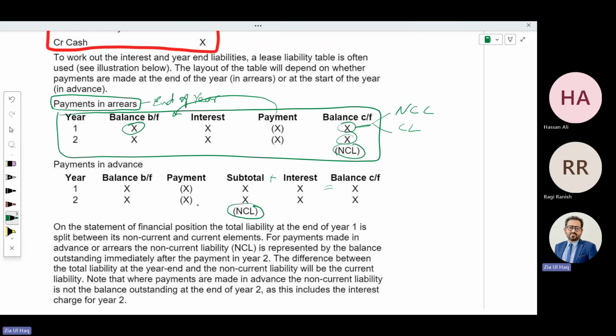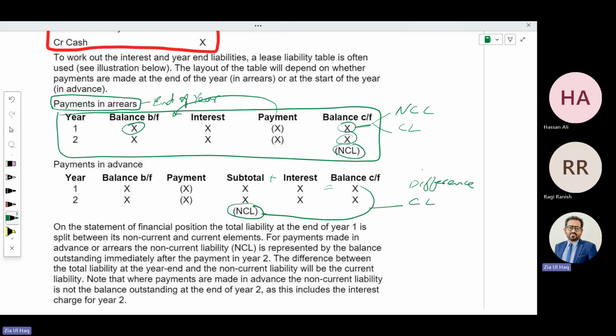And after deducting payment for year two, the liability amount that remains will be non-current liabilities, and the difference between these two will be current liability. How, we're going to discuss in a question later on.